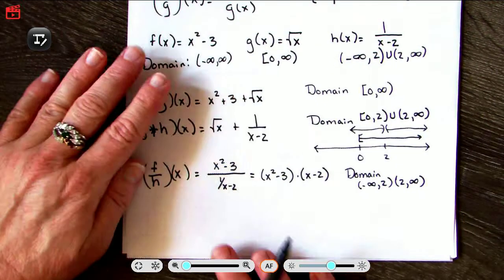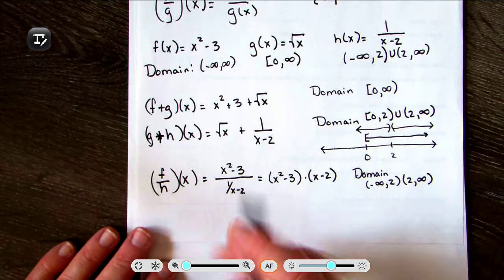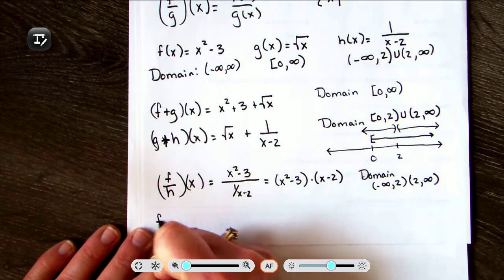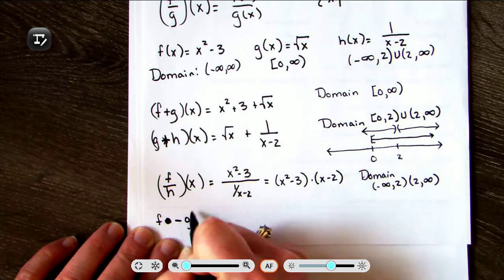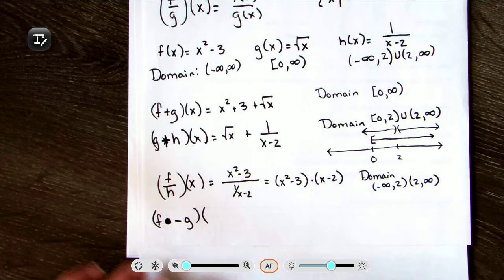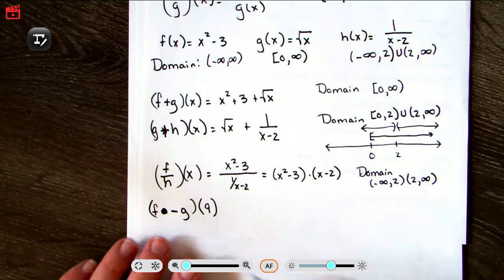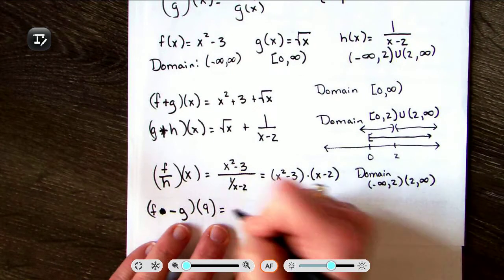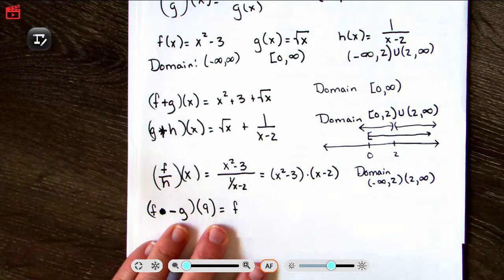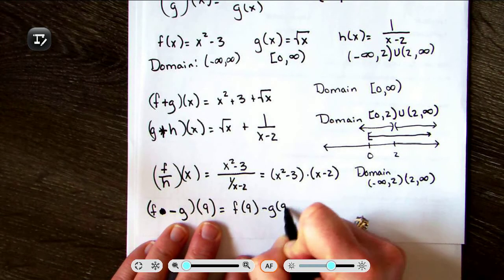I'm going to do one more problem with these guys, and let's do it at a value. So let's do a subtraction, f minus g of 9. This means we can, if you wanted to, get a formula and then substitute in the 9, or we can just do f of 9 minus g of 9.